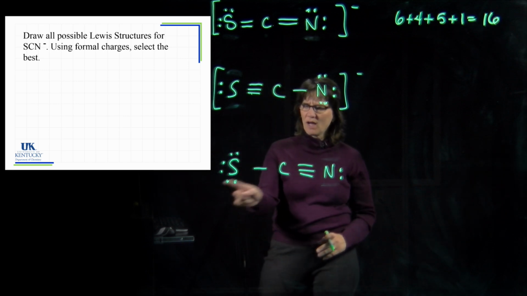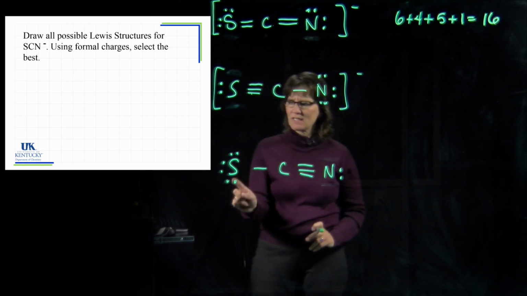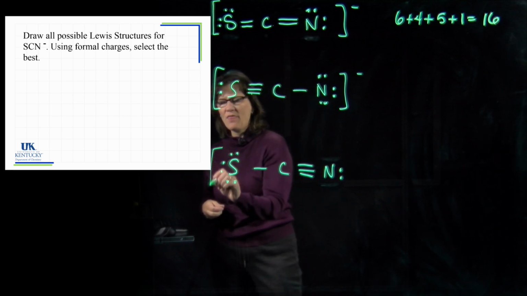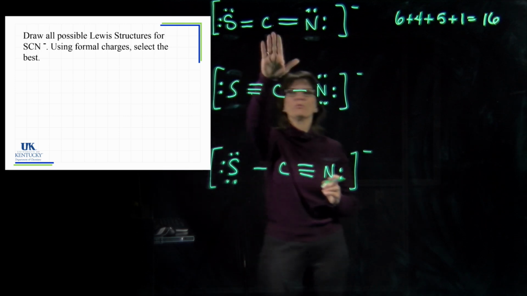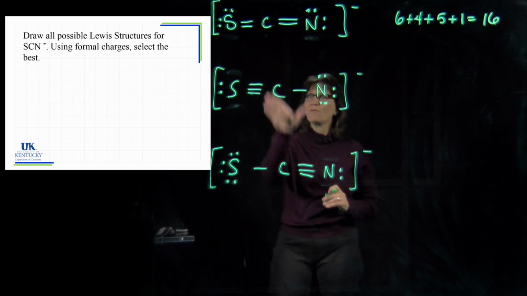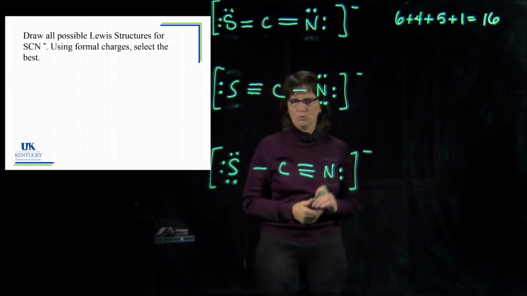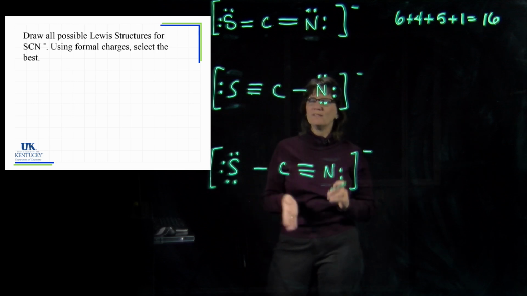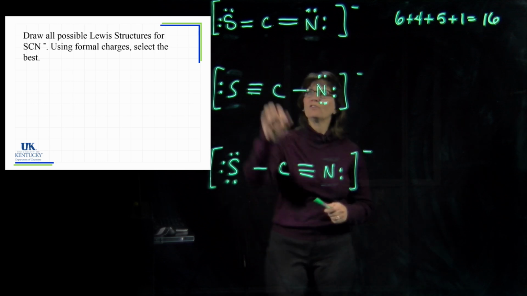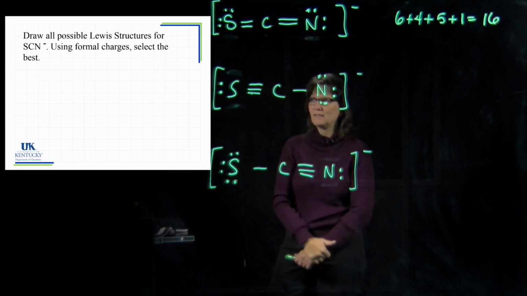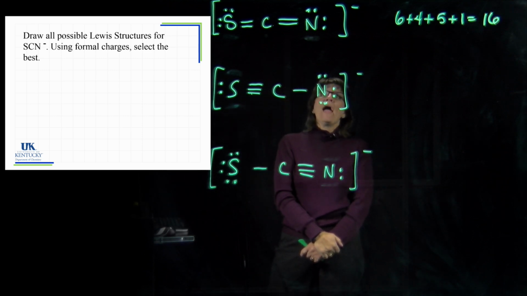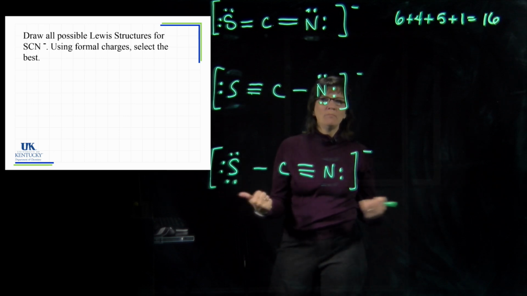And now we have got carbon satisfied, nitrogen satisfied, sulfur satisfied, and this is a Lewis structure. So I have 3 Lewis structures. Every one of them obeys the octet rule, but they're very different. This one has 2 double bonds, a triple and a single, and a triple. Completely different ones. And the question is, all right, is one better than the other?